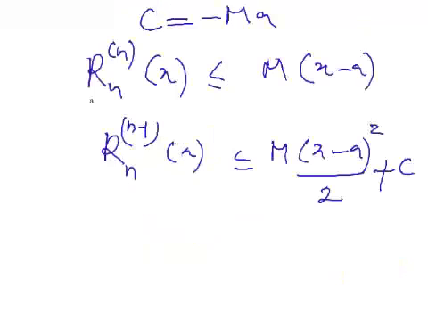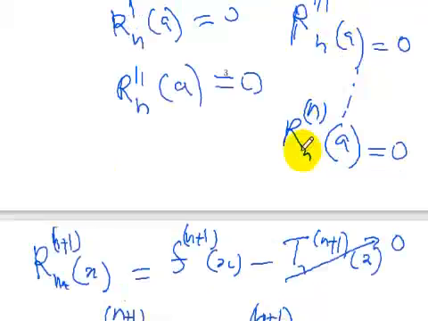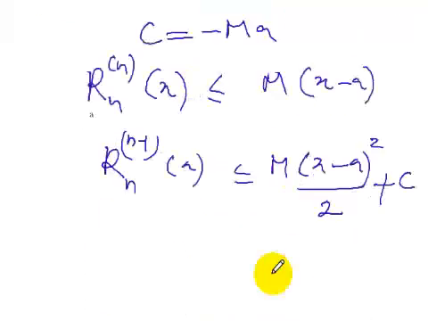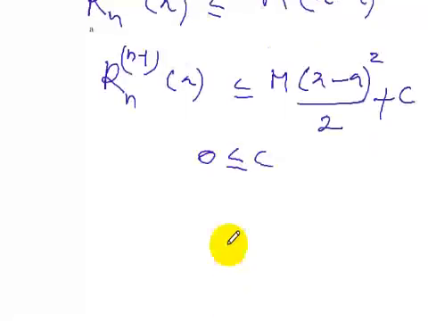When you plug a into the inequality, you get this condition, right? So I picked the minimum value of c. So this is the constraint for c. I pick the minimum one.